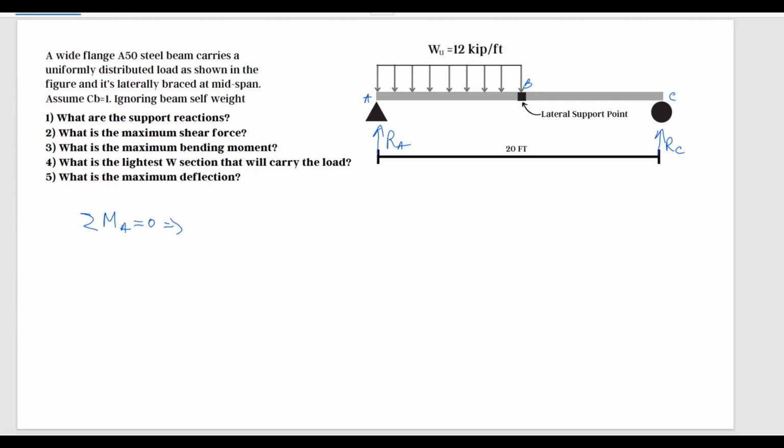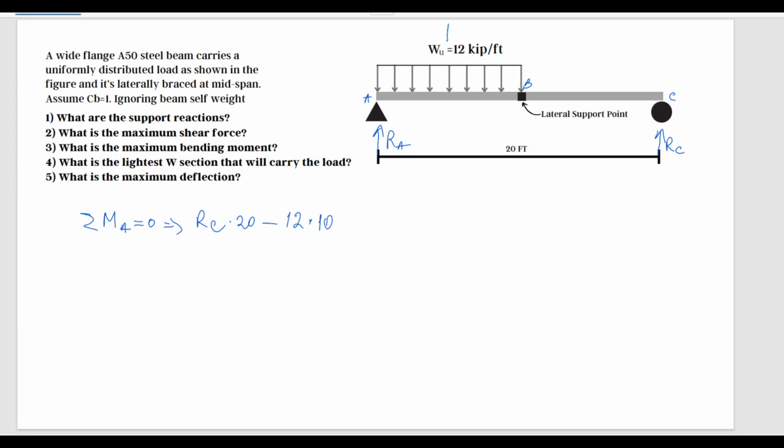And from here we have RC multiplied by the arm, which is 20 feet. RC is in the counterclockwise direction. We don't have any other forces in the counterclockwise direction, so next is minus W, the uniform load, which is 12 kip per foot multiplied by 10.